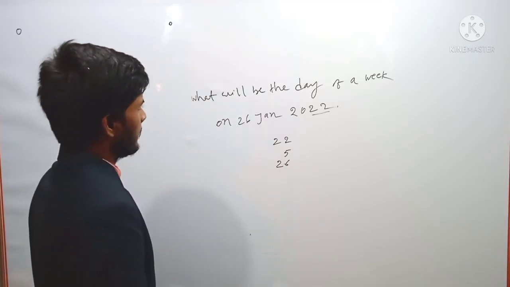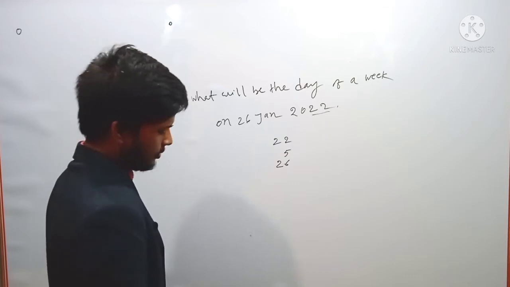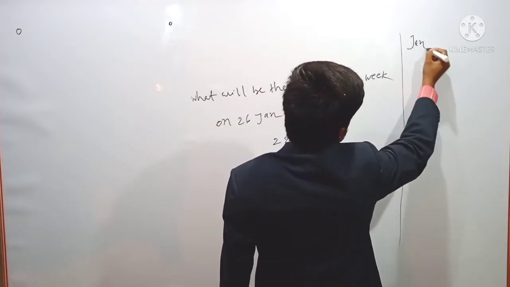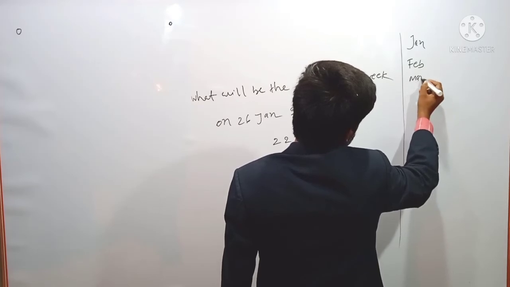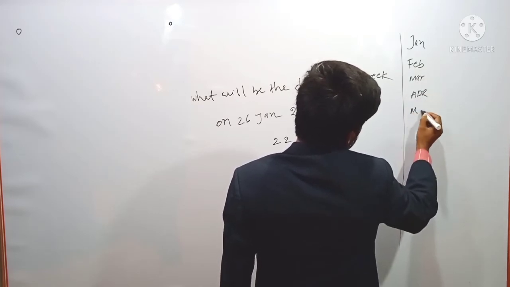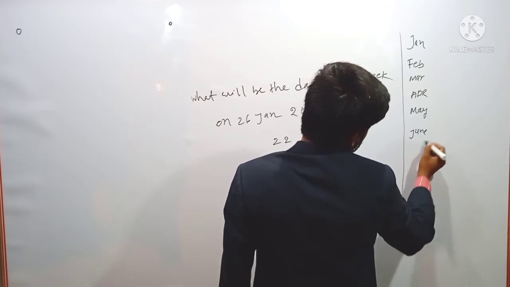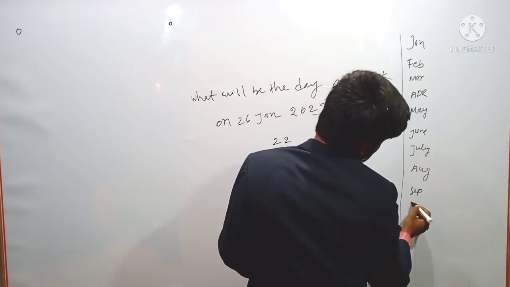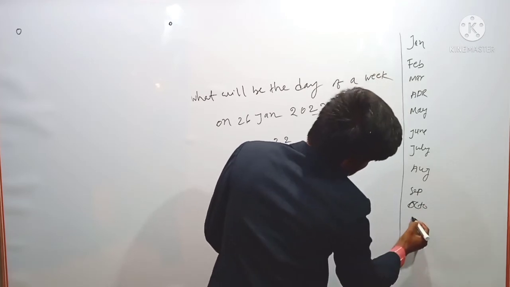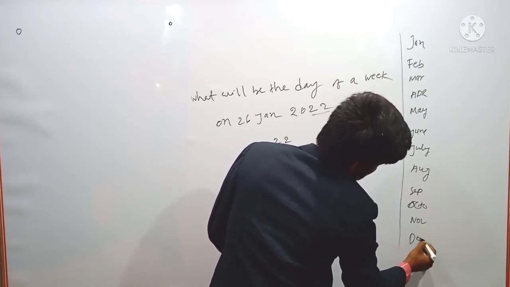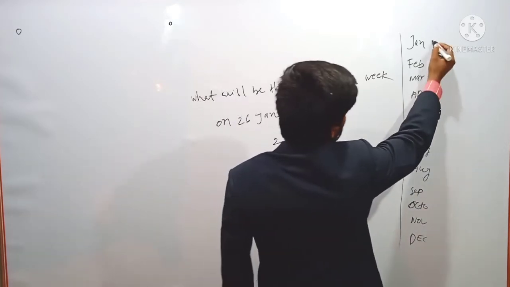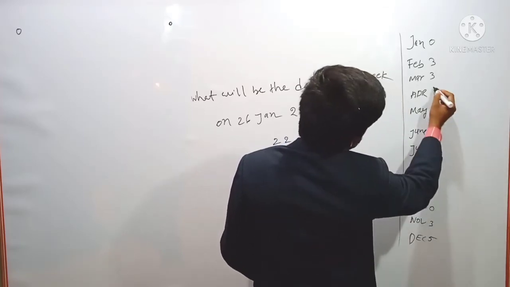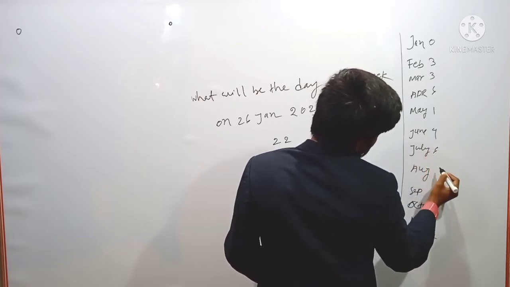Then another code is, write down January, February, March, April, May, June, July, August, September, October, November and December. And the code is 0 3 3, 0 3 5, 6 1 4 and 6 2 5.